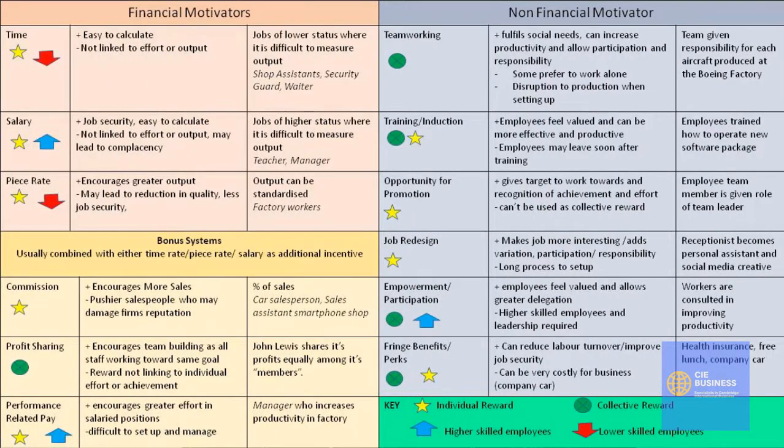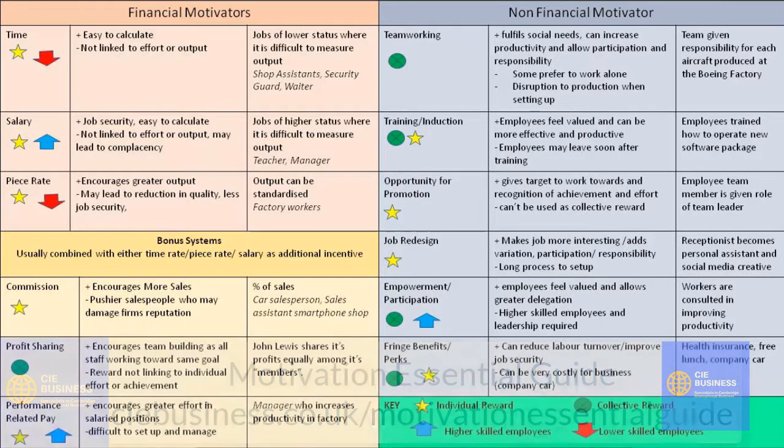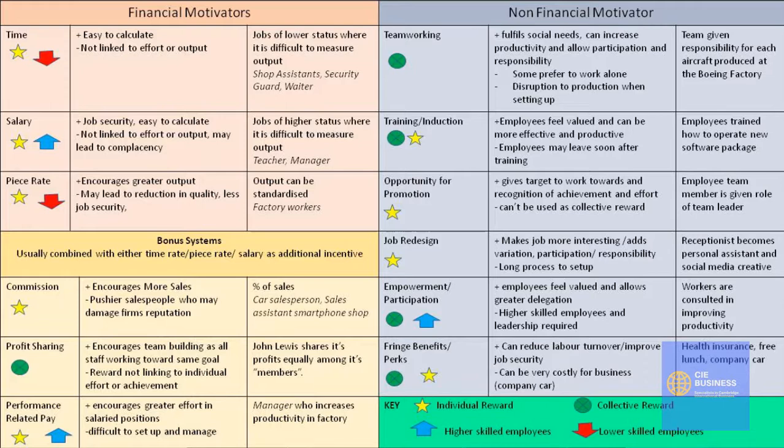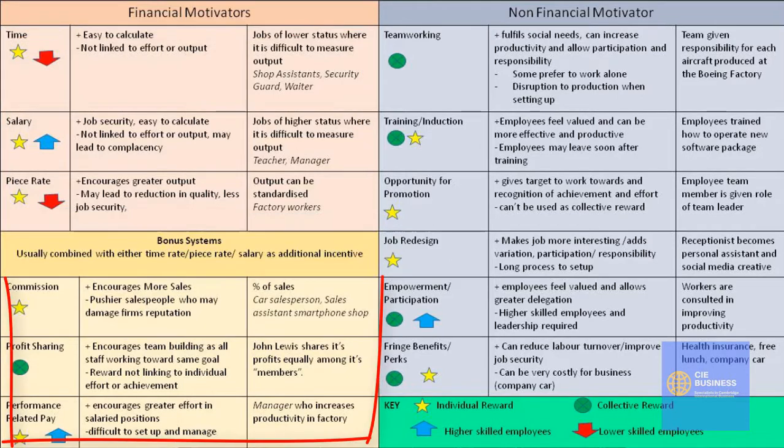I've put these together in a motivational toolkit, downloadable from the Motivation Essential Guide page. These are all the motivators, financial and non-financial, listed on the syllabus. The challenge is choosing the right means of motivation to fix the current lack of motivation among employees. So, if pay is demotivating staff, you can use a different payment system, or perhaps a bonus.